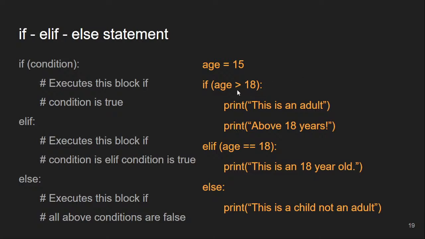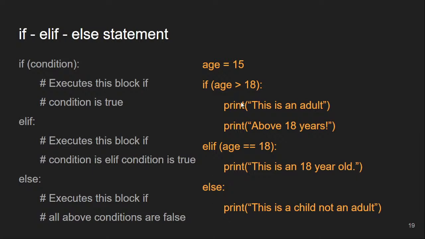Okay? So with the if, elif, and else statements, basically if the condition in the if is met, then you do what is in the if block. Else, you now check what is in the elif, and if this condition is met, you do what's inside this block. And if nothing else is given, you just continue.